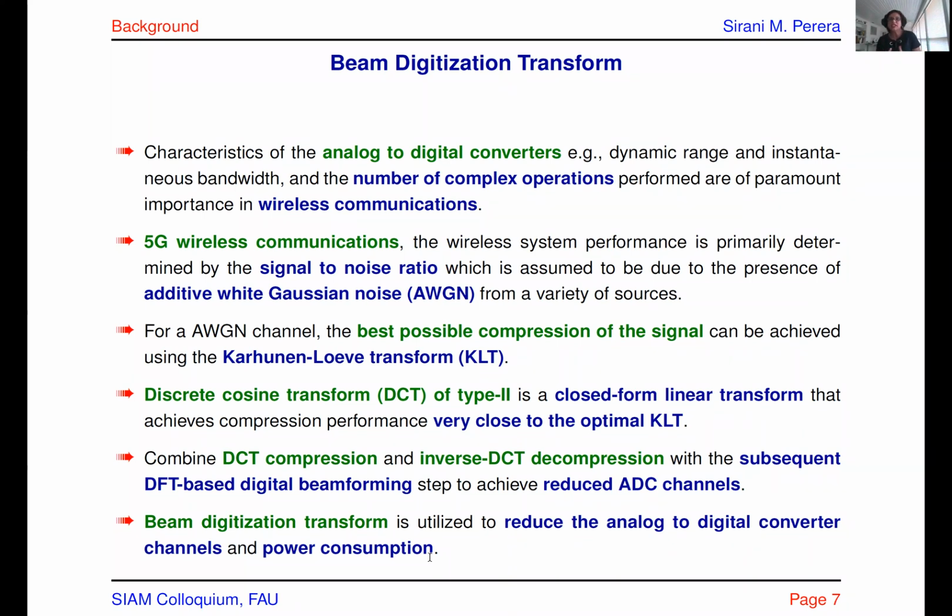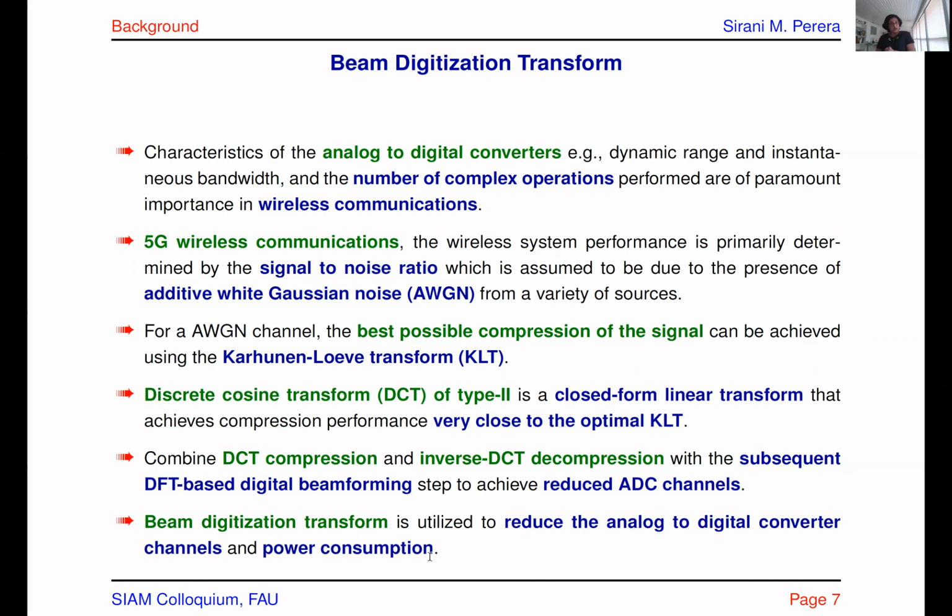The reduction and minimization of the number of analog to digital converters is a paramount application in wireless communication, radar, microwave imaging, and radio astronomy. If you talk about 5G wireless communication, the system performance is primarily dependent on the signal to noise ratio because of the presence of additive white Gaussian noise from a variety of sources.